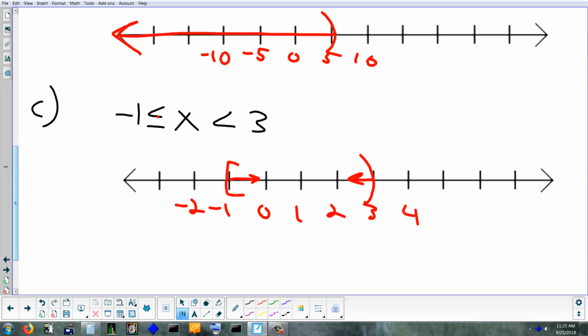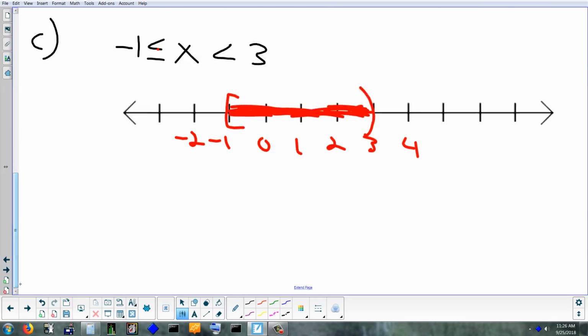So you're going to shade that way. And now you're shading between. I usually just go like this. Shade between. Any questions on that? Why it's a bracket, parenthesis, or why we shaded between them? Okay.